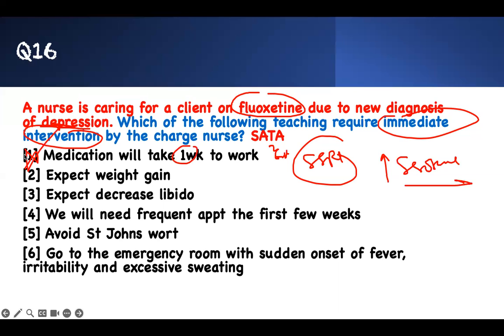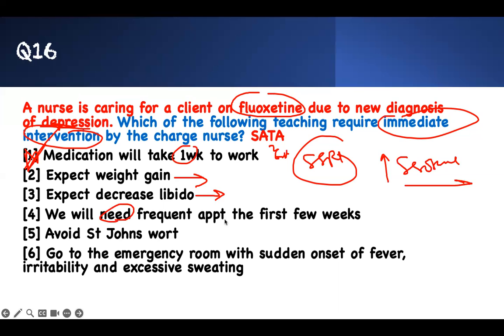So this is why we have to intervene. Expect weight gain. This is a good side effect. That's one of the side effects of this medication. Expect decreased libido. Yeah, they don't like it. Sexual dysfunction, common side effect. We will need frequent appointments the first few weeks. Think about it.